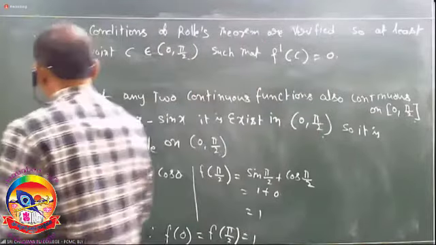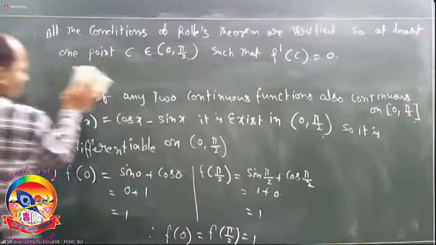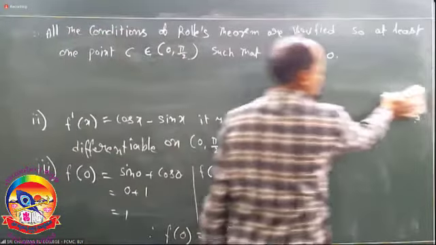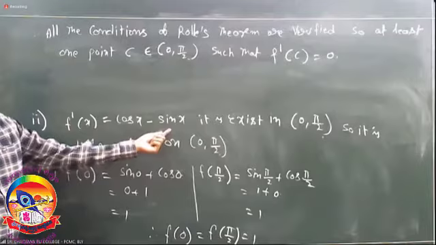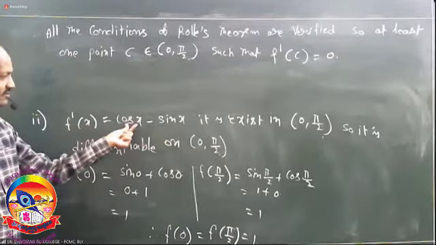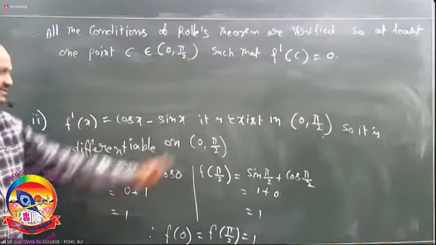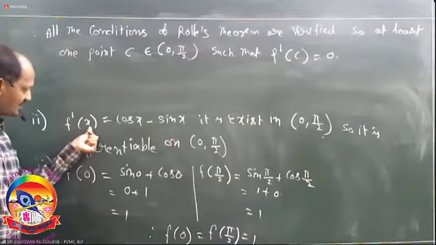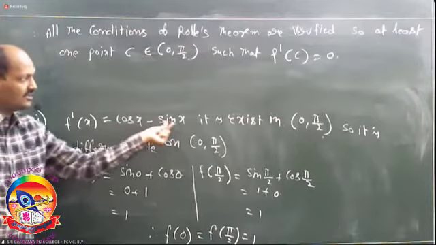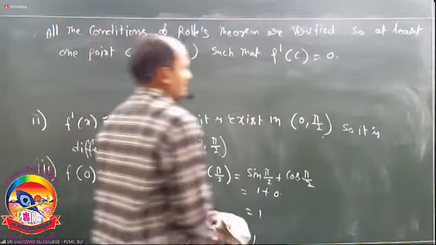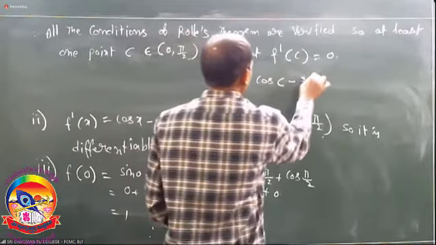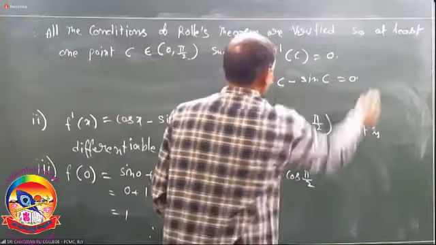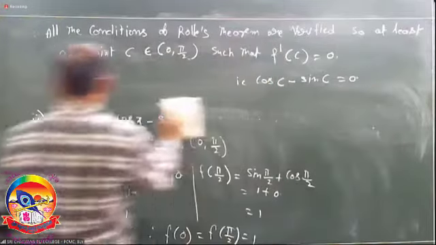Already you know that f dash of x is equal to cos x minus sin x. What about f dash of C? That is cos C minus sin C, and cos C minus sin C is equal to 0.